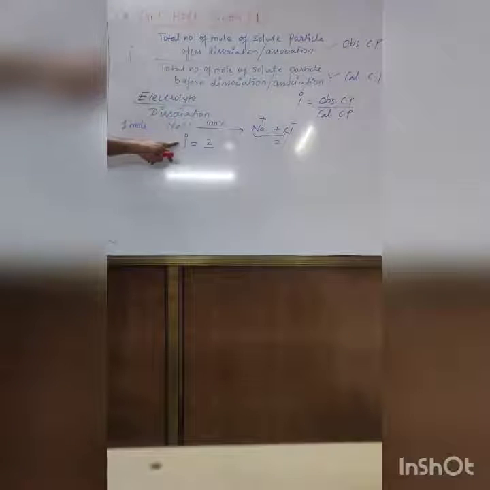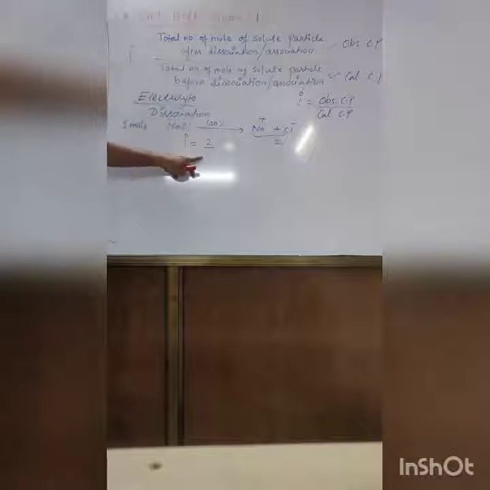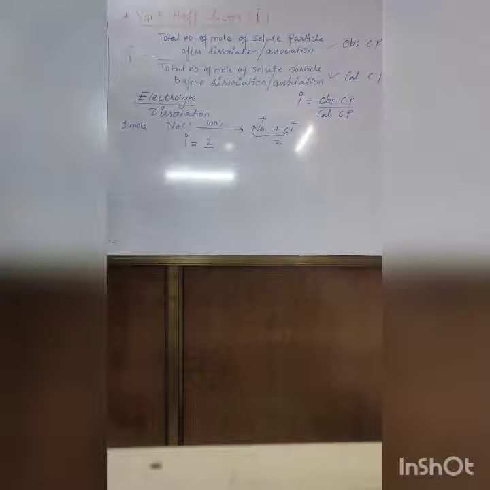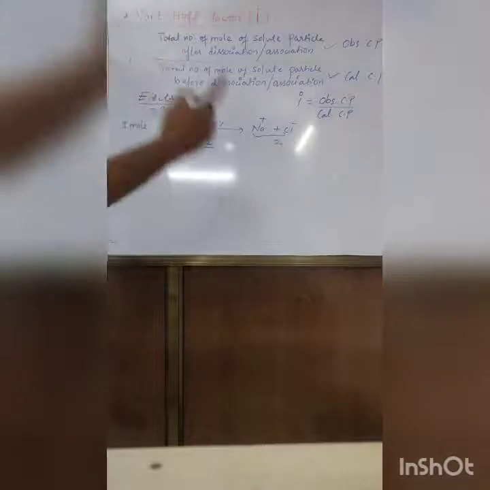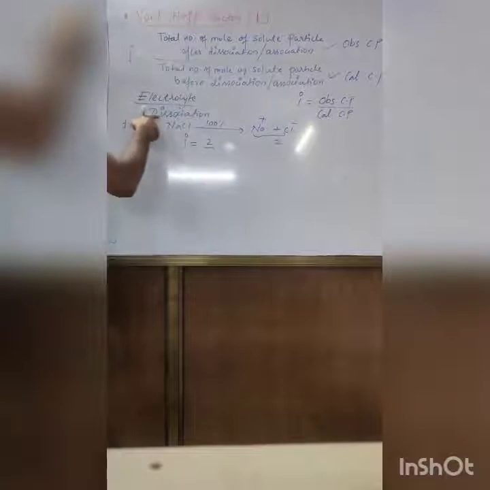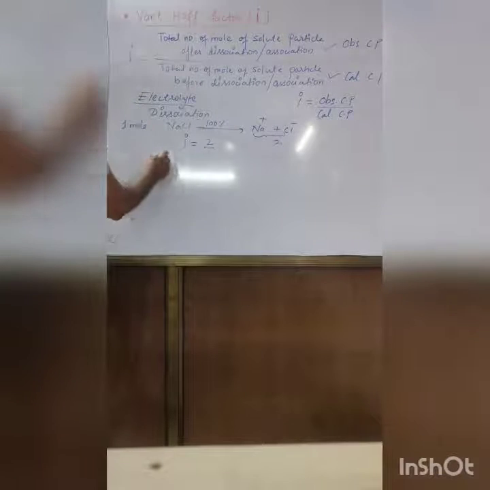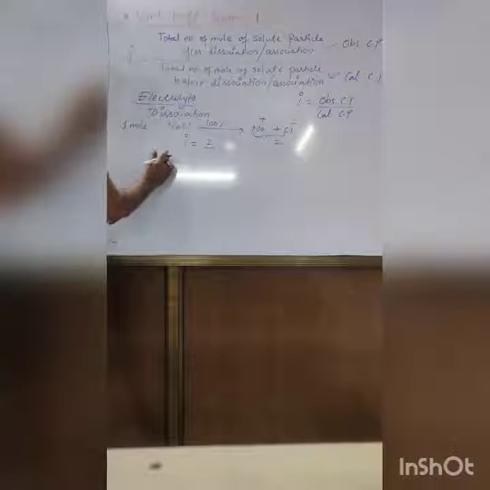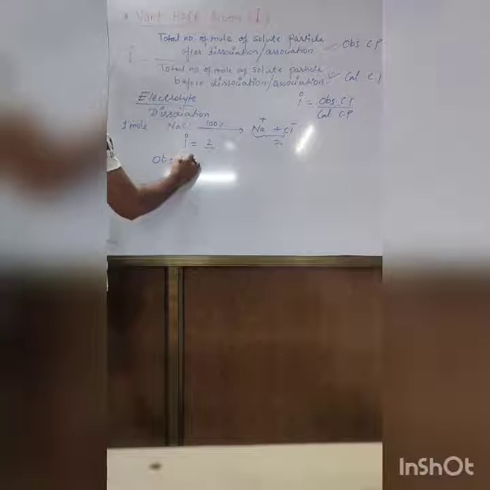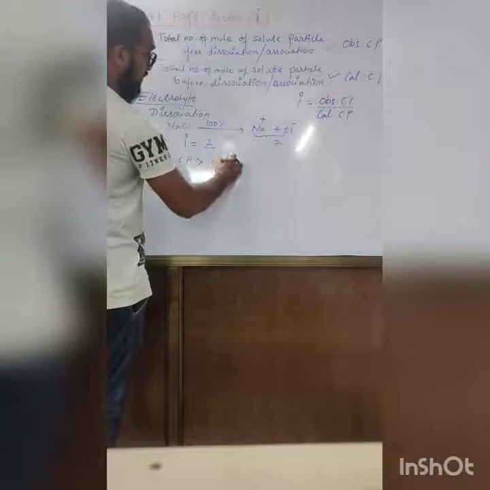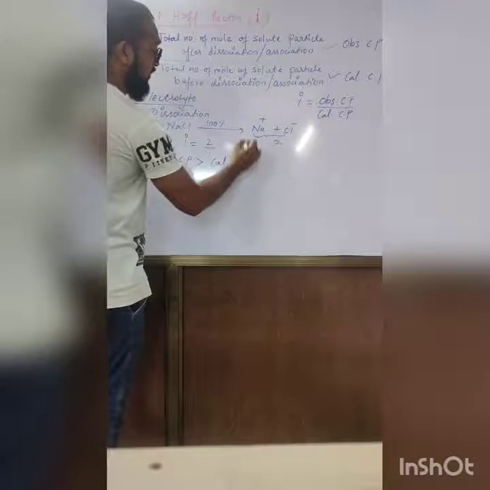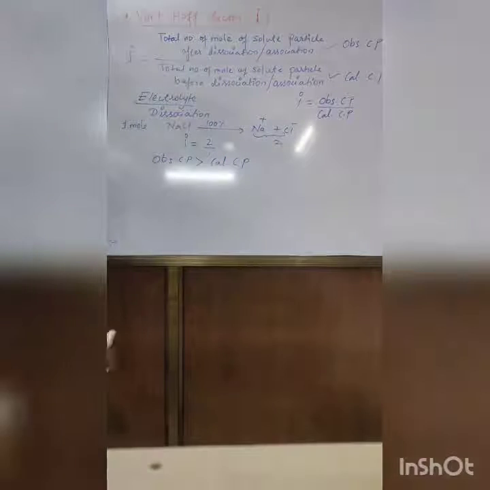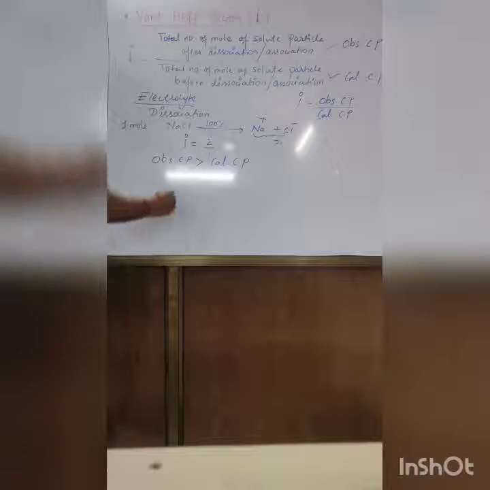So here i is equal to 2 upon 1. Please remember, and I already told you, during dissociation, observed colligative property is always greater than the calculated colligative property.